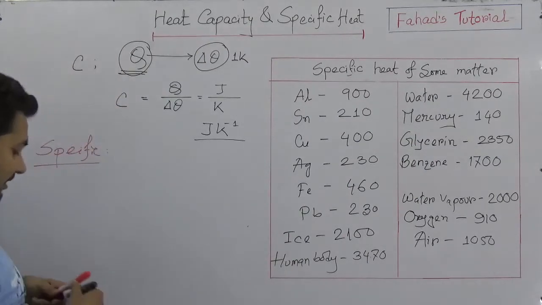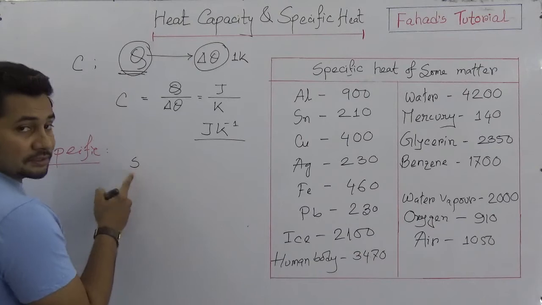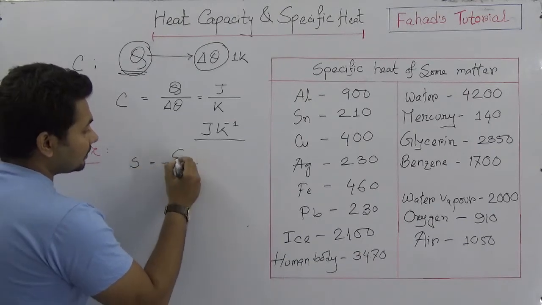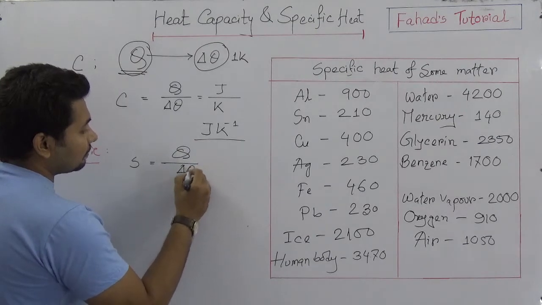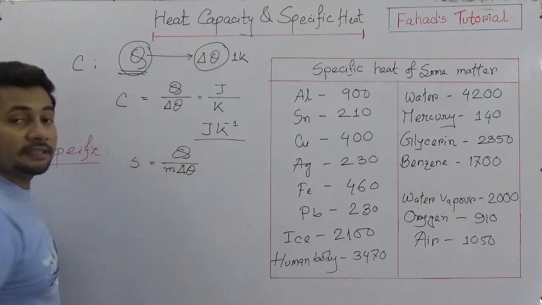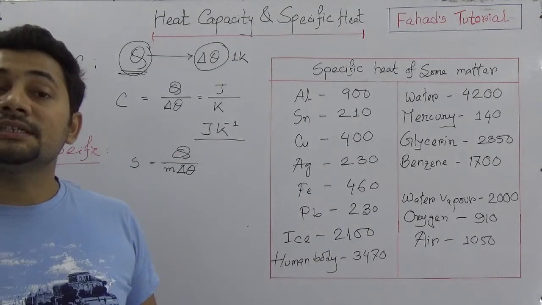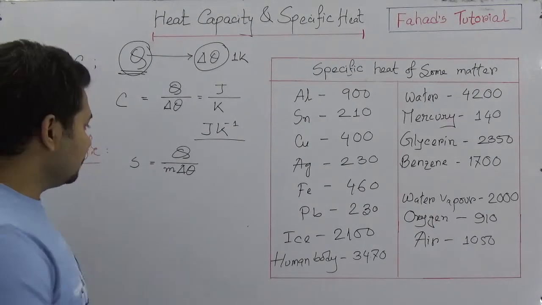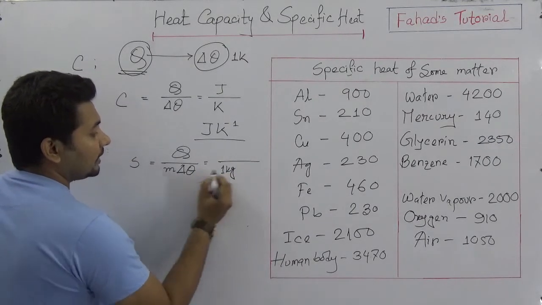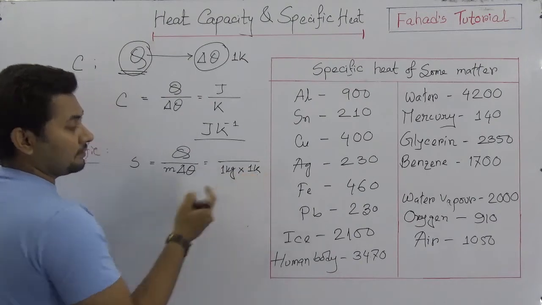So S is expressed as specific heat. It is Q by del theta, which was previously the heat capacity, but here we add the mass of the substance, which should be 1 kilogram. So M is 1 kilogram and del theta is 1 Kelvin.